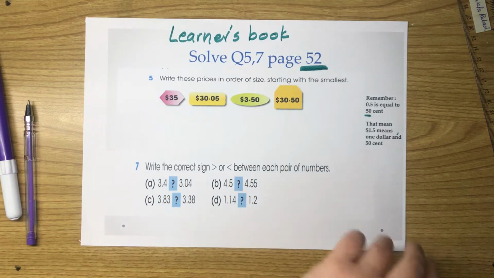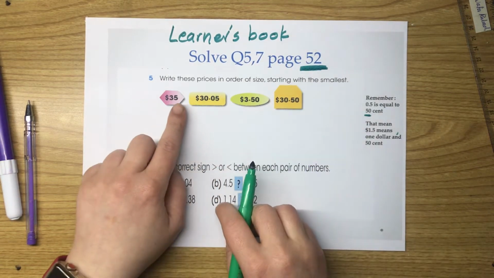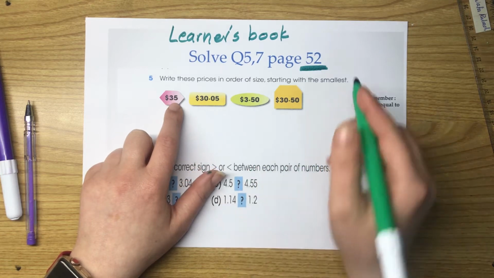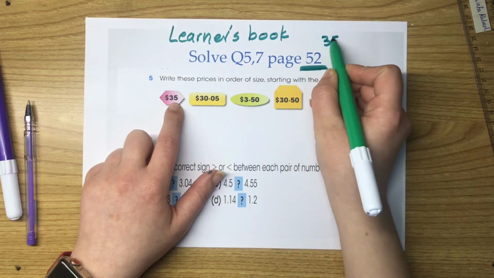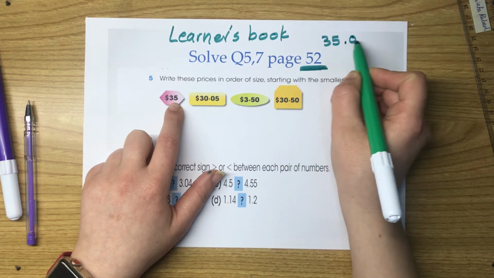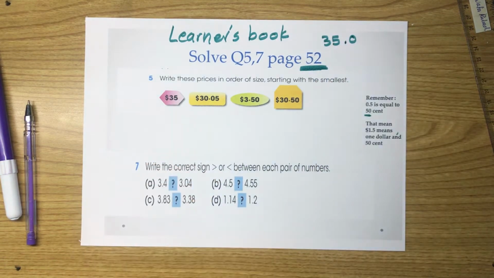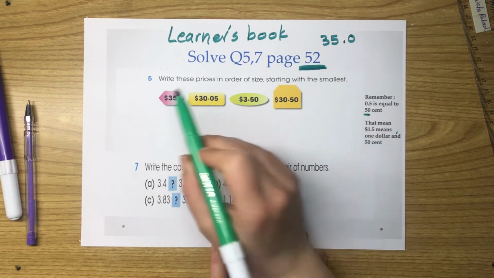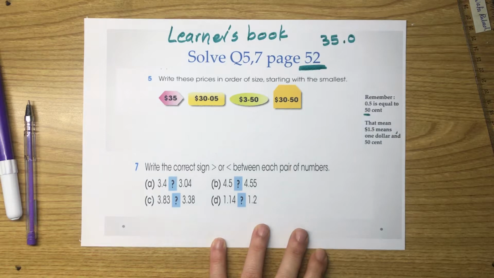Now, when you see a number that has no decimal place or decimal point, that means this is a whole number. 35 can be written as a decimal number, 35.0, with any number of decimal places. This is another way of writing a whole number with decimal places.